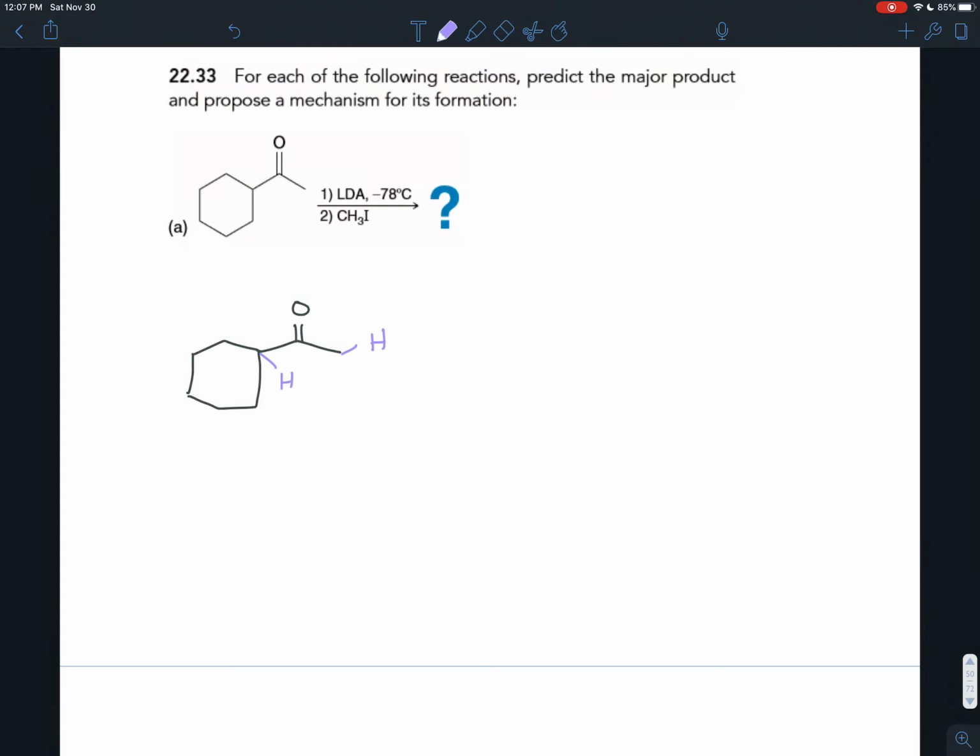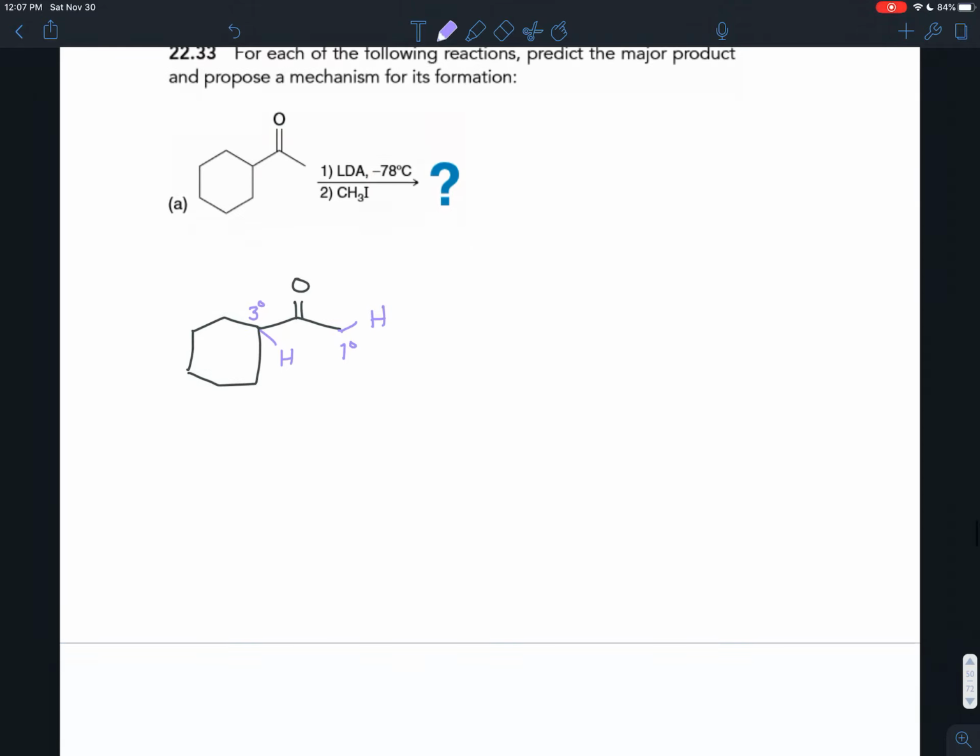Both of the alpha carbons, the carbons that are one atom away from the carbonyl, have hydrogens on them, but they are not equally substituted. This carbon on the left is bonded to 1, 2, 3 other carbons, so it is tertiary. And this carbon on the right is just bonded to one other carbon, so it is primary.